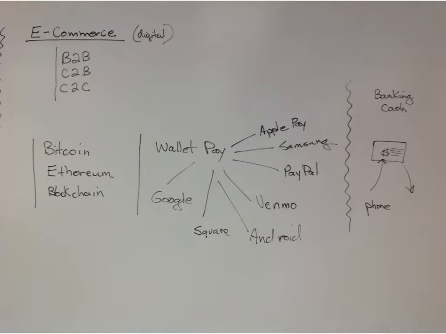We talked about e-commerce. I used green to represent money. So much money is managed digitally. And we talked about business to business briefly, consumer to business, and consumer to consumer. Businesses exchange digital money all the time via some communication means.